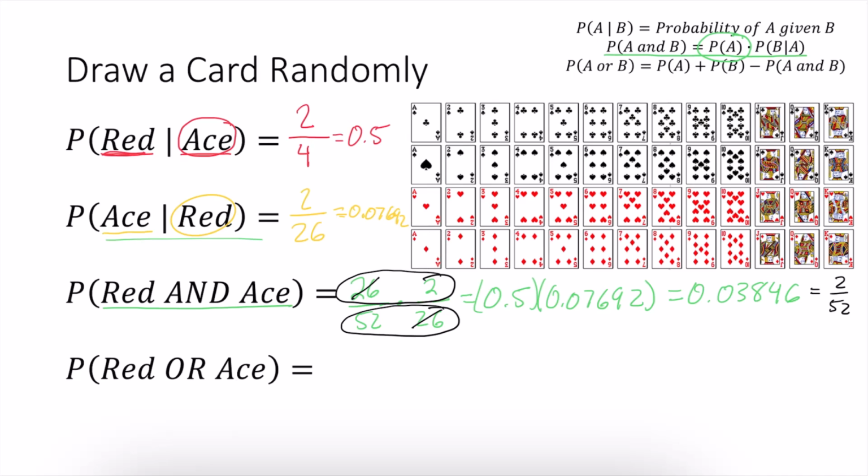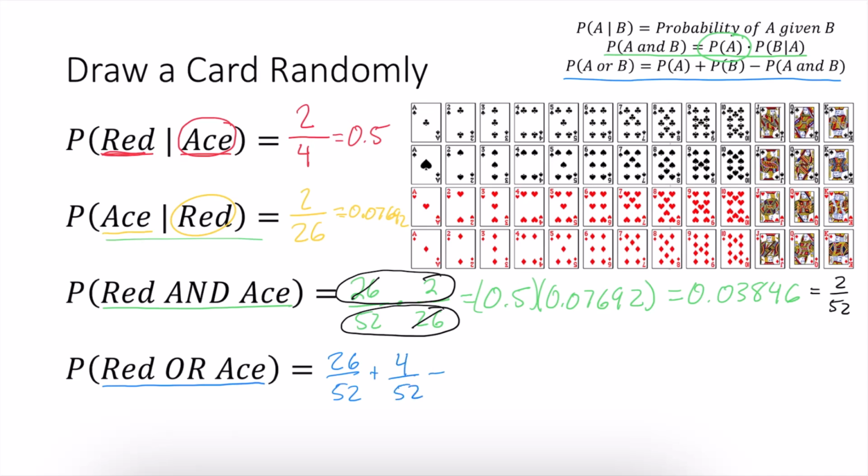To do the next one, where we want to find the probability of choosing a red or an ace, we would use this formula right here. This one says that you find the probability of the first thing, which in our case is drawing a red card. So there's 26 out of the 52 red cards. Then you find the probability of the second thing happening by itself, which is 4 out of 52 cards.